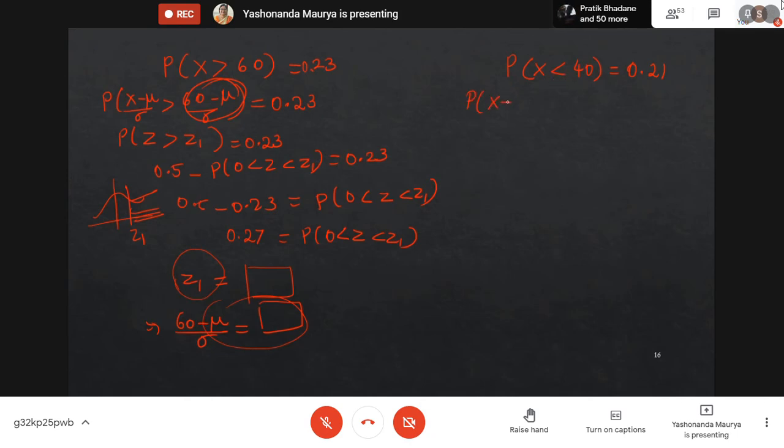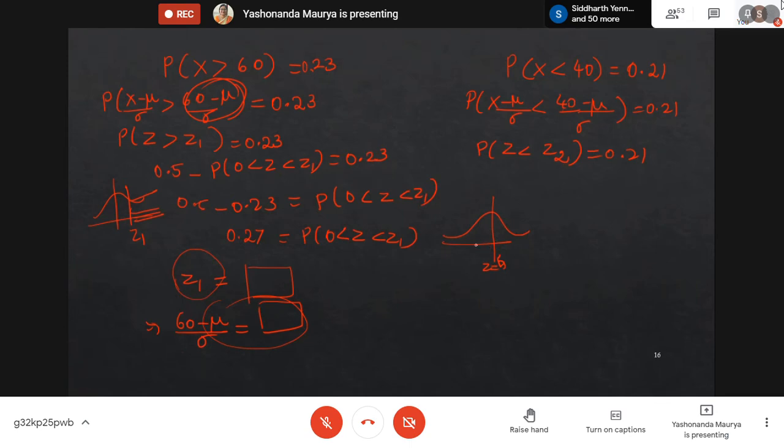Similarly, for this one, what expression will I get? P of (x minus mu) divided by sigma less than (40 minus mu) divided by sigma is 0.21. This figure I do not know, so let me call it z2. So this is 0.21. Now this is the point z equal to 0, the mean, and z is less than z2.